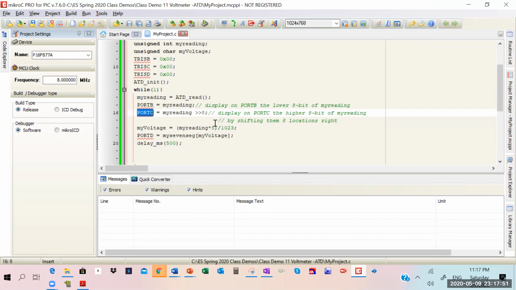Yes. Okay, great. Now this reading, this number from 0 to 1023, is actually representing a voltage, right? It's representing a voltage between 0 and 5. Why don't we convert it to a voltage and see a real voltage number? So how do I do that?